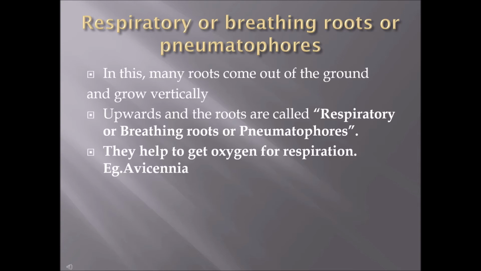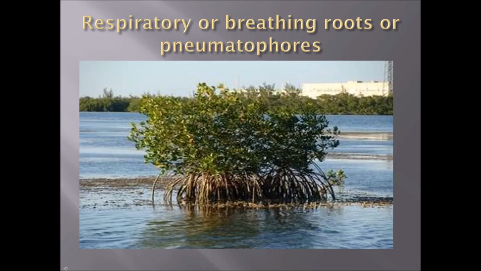For this example, Avicennia, and it is usually found in mangrove forests. This is the picture of Avicennia, which is present in the mangrove forest. And below the branches, you can see the roots, that is the pneumatophores, arising above the water.